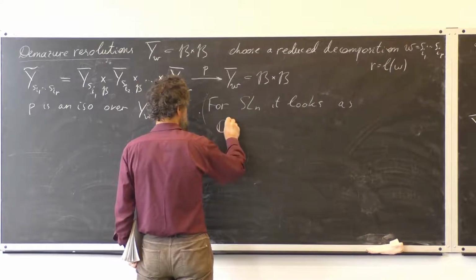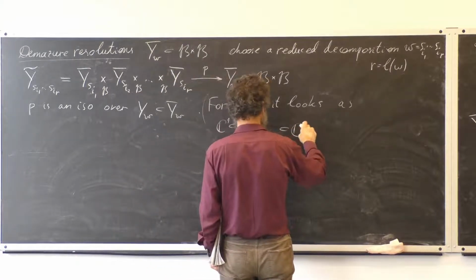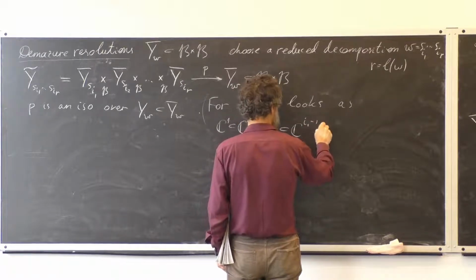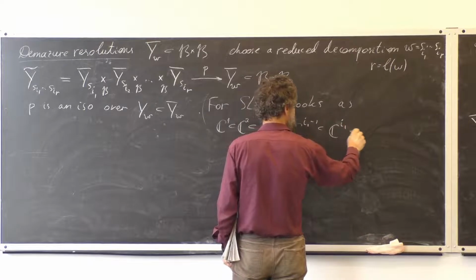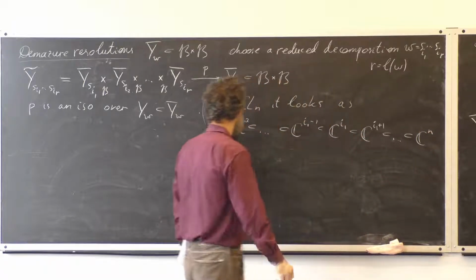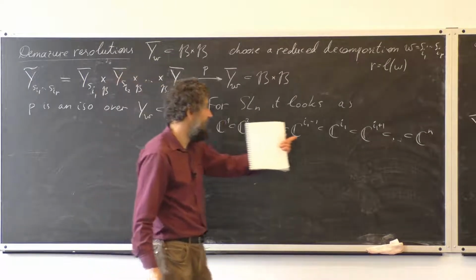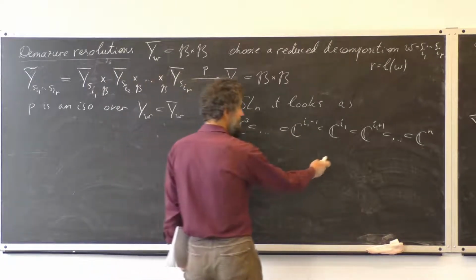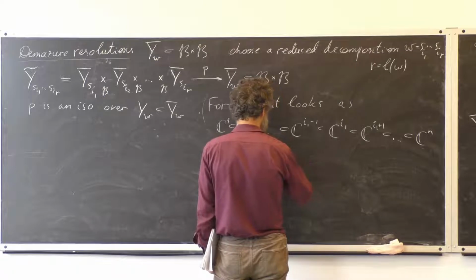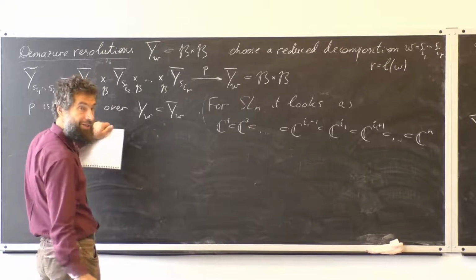So I have C1, C2, ..., C^{i1-1}, C^{i1}, C^{i1+1}, and C^n. Then I want a P1 bundle over this point to begin with, and this P1 bundle will be just moving this guy. So I will get a tower of P1 fibrations.